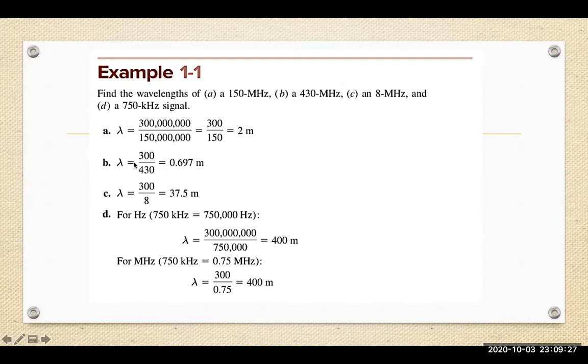Here we show the shorthand representation of the speed of light. The units here are in mega, or times 10 raised to 6. So 300 divided by 430 is equal to 0.697 meters.